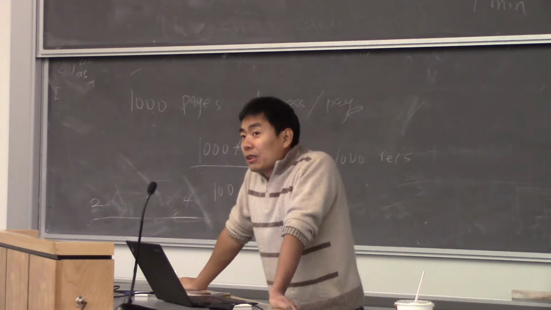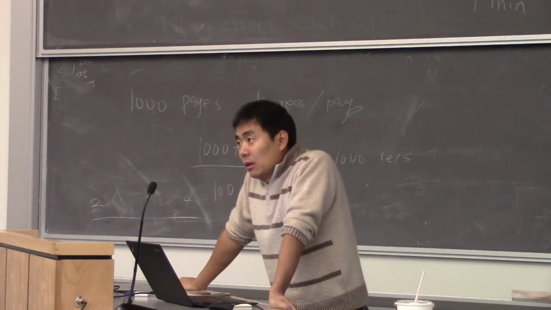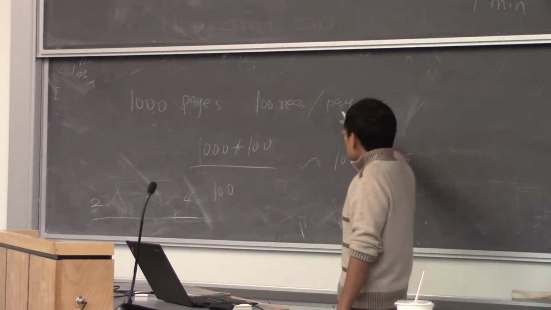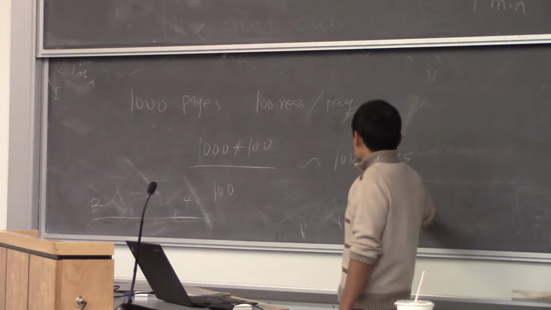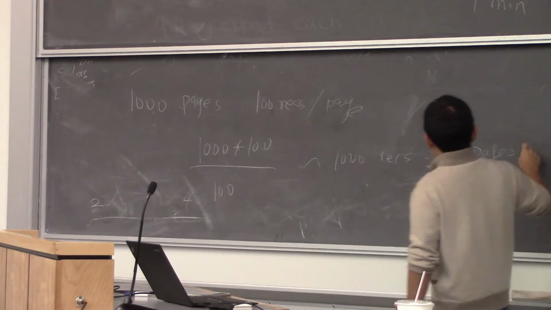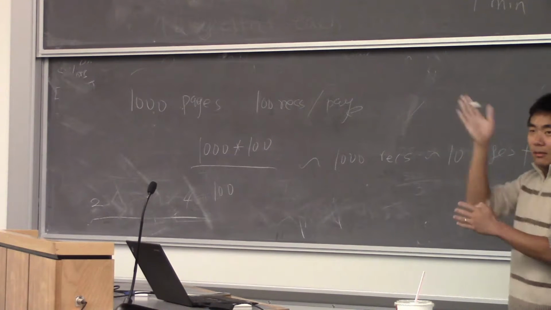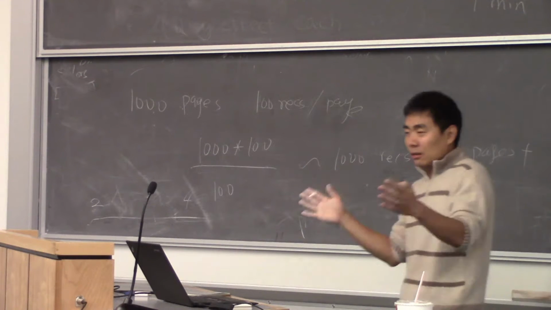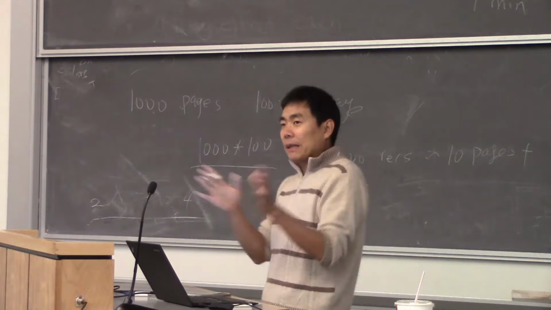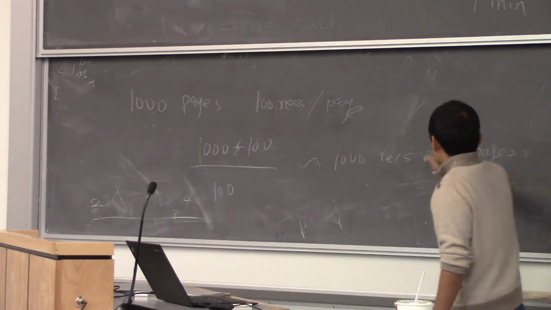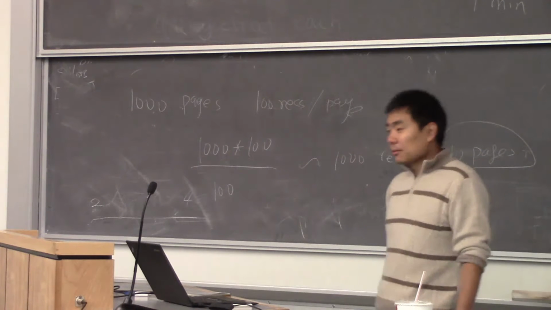Assuming you have a clustered index, what is the cost to retrieve 1,000 records from a clustered index? Each page is going to have 100 records, so 1,000 records are going to span roughly 10 pages plus maybe some 1, 2, or 4, depending on how many buckets you have in your hash index. But roughly, let's say just 10 pages.